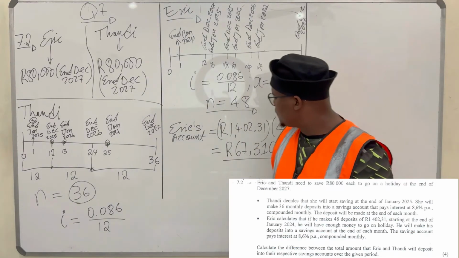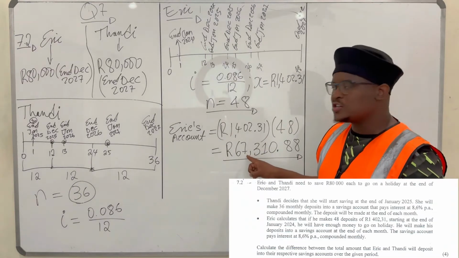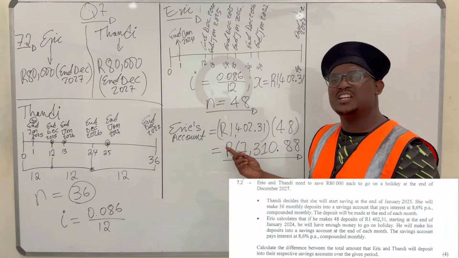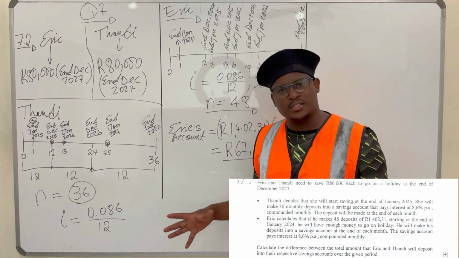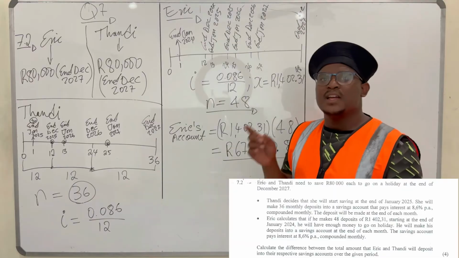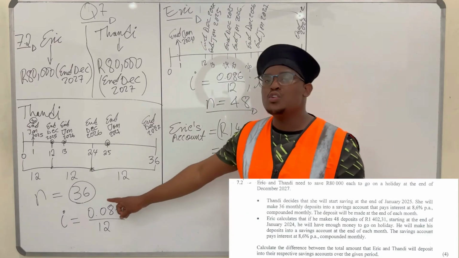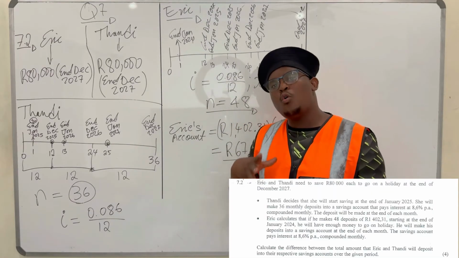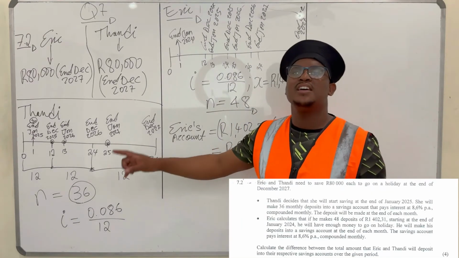So we need to do the same calculation for Tandi and then find the difference. But the problem now is that for Tandi, we don't know how much she was paying per month. So we need to go back and find how much Tandi was paying each month.